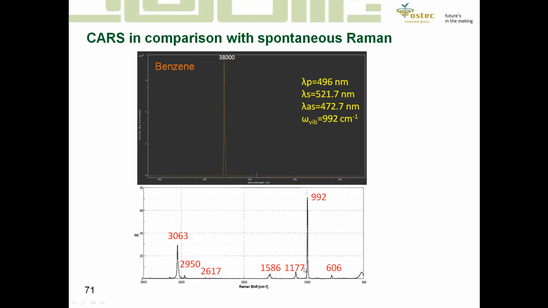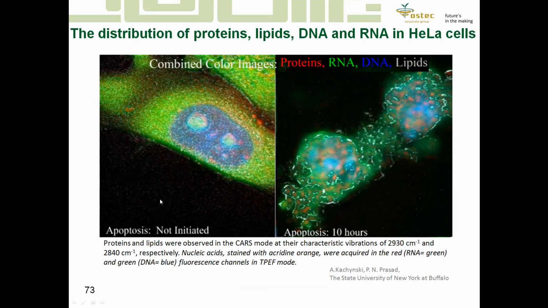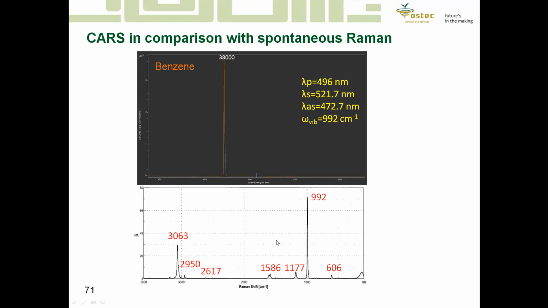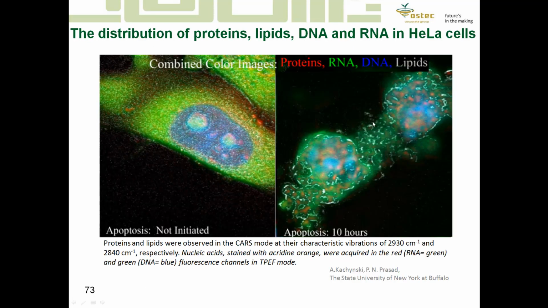So this is a comparison on a test sample: in spontaneous Raman the intensity for the same exposure time is about 70 counts, and with coherent anti-Stokes Raman scattering the intensity is around 40 thousand. So the difference is about 3 orders of magnitude.